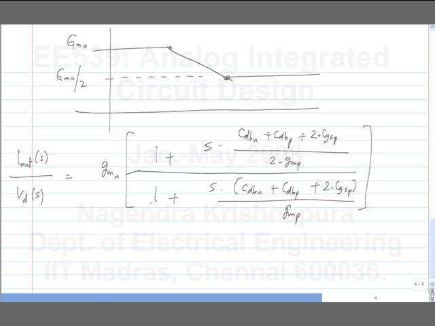So we will get a zero and a pole, and the zero will be at twice the frequency of the pole. Okay. Sorry, I don't mean P2. This is Z1 is 2 times P1. Okay. Is this clear?